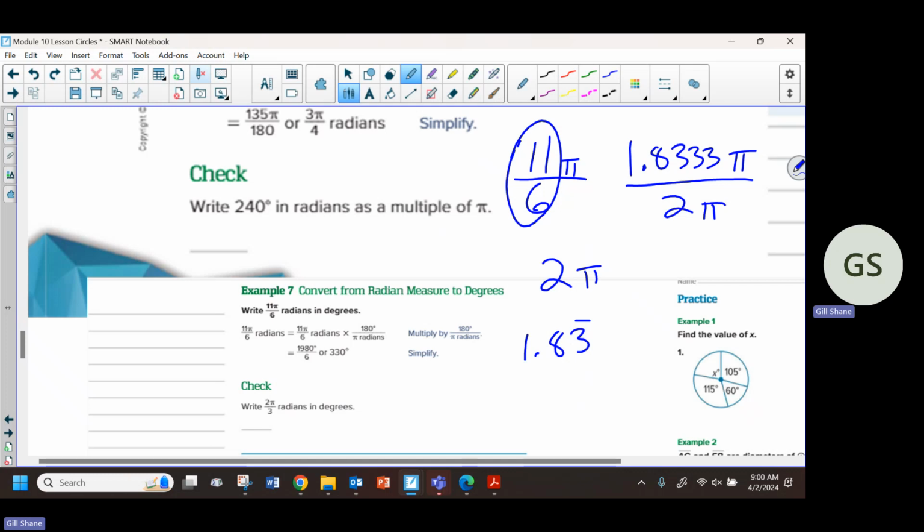You just have to figure out how to convert this part into something you can use on the calculator, because I tried to put it in as a fraction with pi and then divide it by that, and it didn't work. So convert it to a decimal, figure out what this number is as a decimal, and then just take that part divided by that whole, and that'll give you the percentage, which is what?